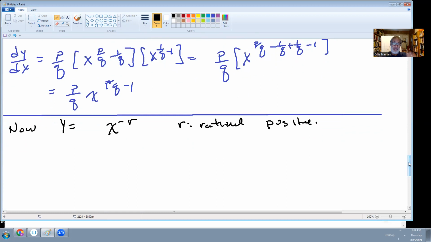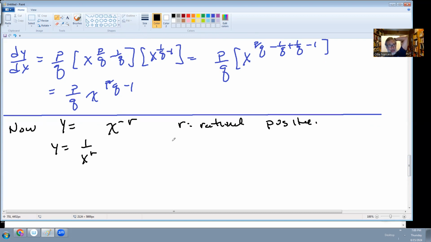I'm trying to think of how to proceed here. Well, remember y is 1 over x to the r. And what I'm going to do is go ahead and use the reciprocal rule rather than do it for this specific thing.